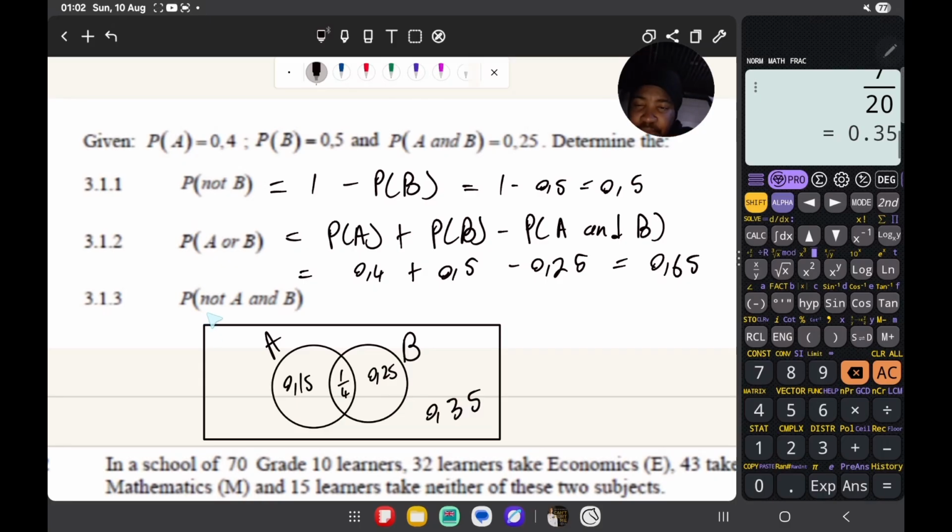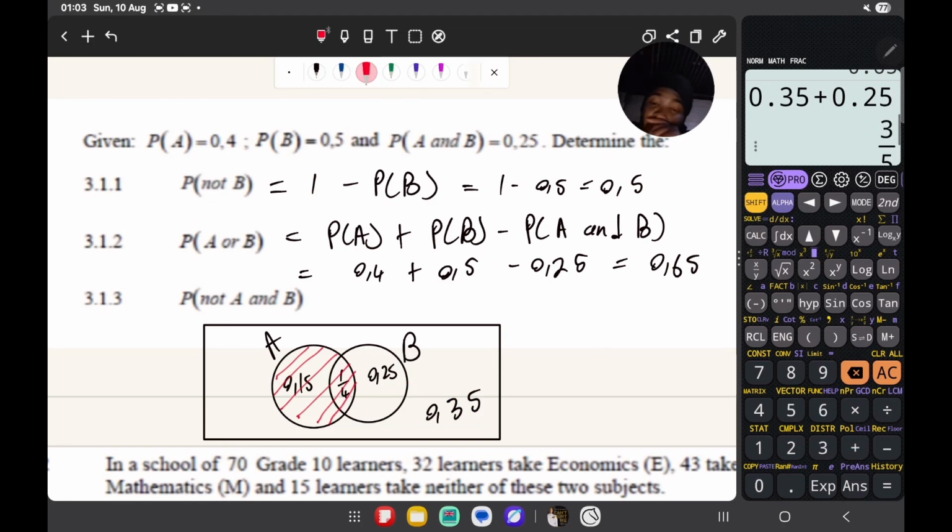So the same goes for the probability of not A. This is A, so that means the section for A has already been cancelled, and what remains includes two things. If it was the probability of not A, our answer would be 0.35 plus 0.25, these two.